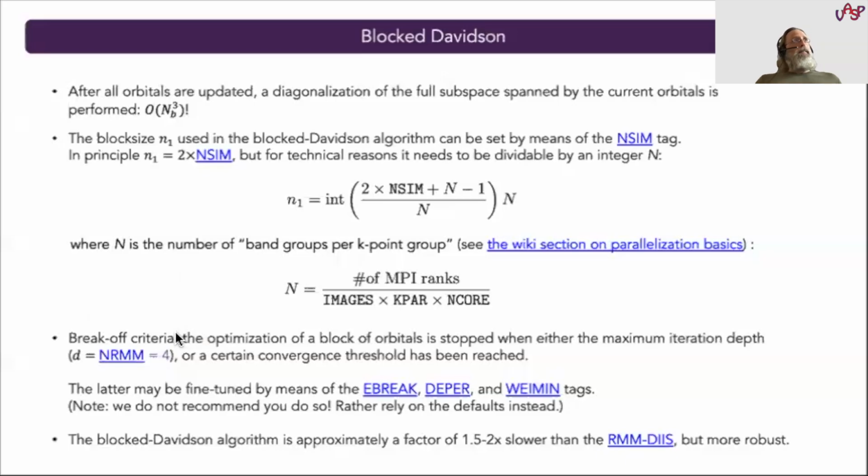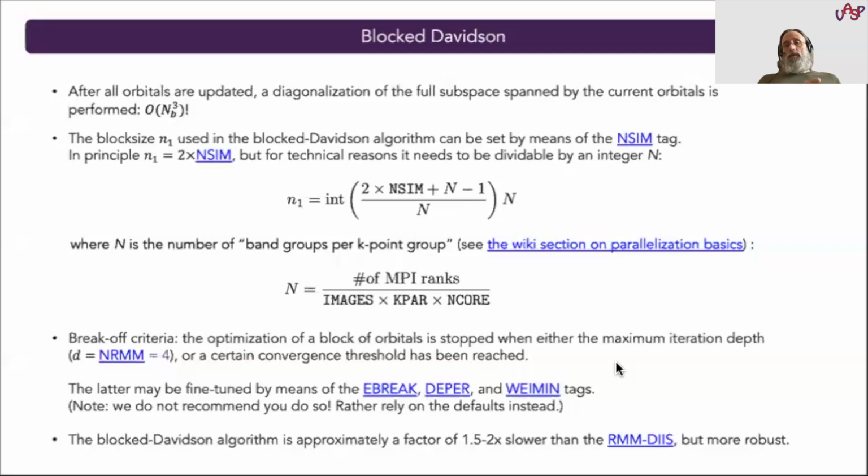So the break-off criteria, so how long do we iterate a certain block of bands before moving on to the next? Well, like I said, the maximum iteration depth is normally set to 4. Or we might stop optimizing orbitals because certain convergence thresholds have been reached. They may be fine-tuned by means of these parameters.